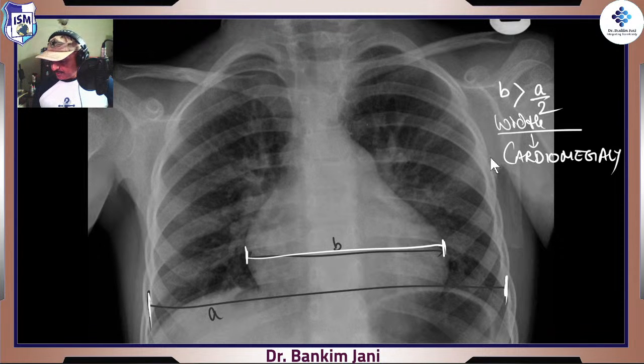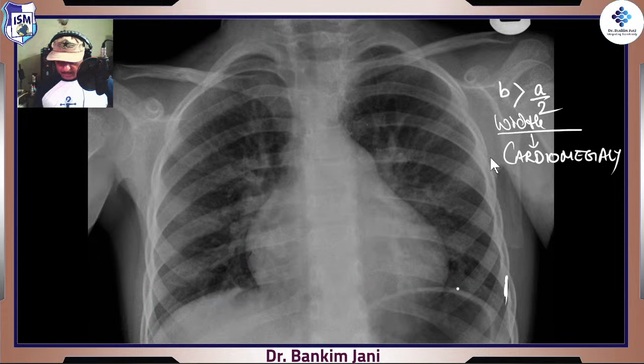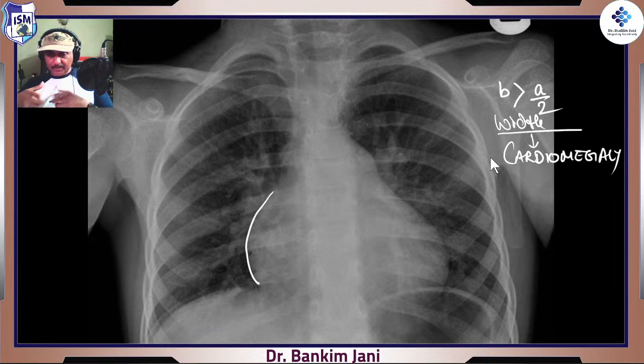Now when we say that the heart is enlarged, this is the right side of the border. You remember that part, right? When we said that you have to think of it like this: this is right atrium, right ventricle, left atrium, left ventricle. The heart tilts and rotates.